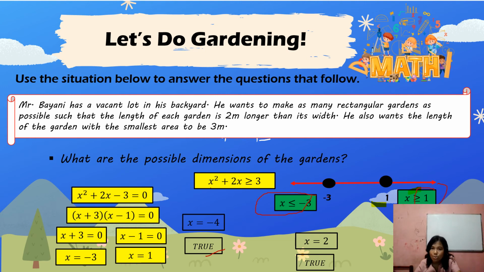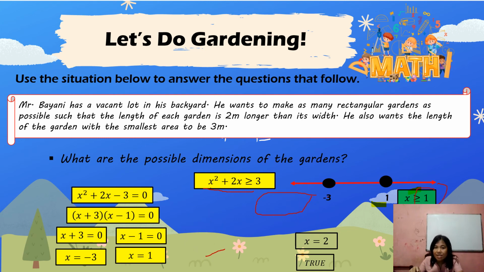Pwede siyang maging sagot dun sa problem natin. Kaso, kung problem natin is given as an equation lang alone, kaso nga, given siya as real life problem and dimension siya, so walang negative na dimension. So in other words, tanggalin din natin yan. Hindi rin siya kasali. So in other words, yung sagot lang natin is only the interval x is greater than or equal to 1.